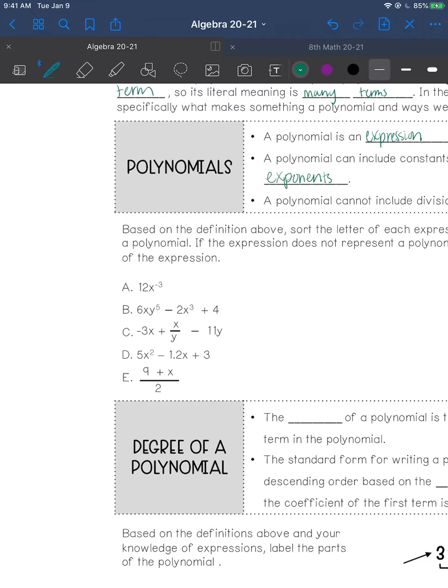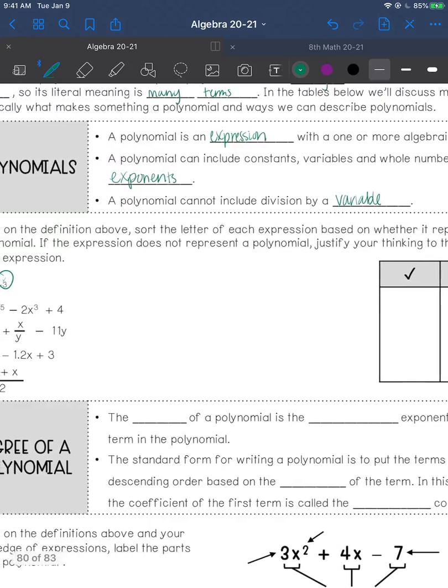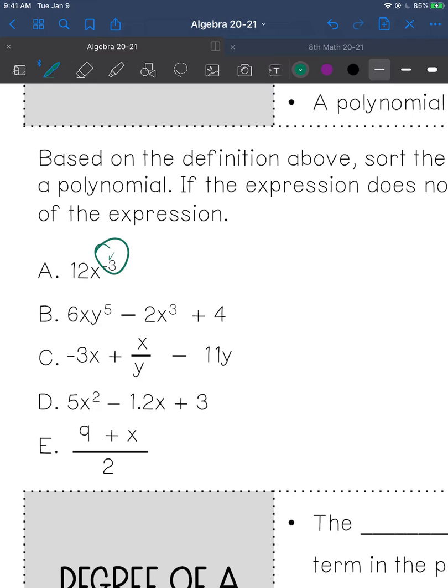So those are the things that are going to make it not a polynomial. Looking at A, what do we see that's wrong? What makes this not a polynomial? The -3 right there. So expression A is a non-example. B, is B a polynomial?